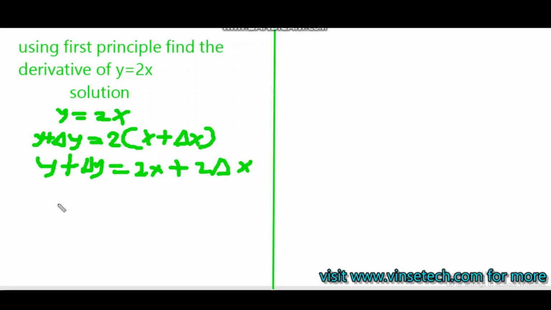So the next step now, we have to move the y to the right hand side of the equation. Moving the y to the right hand side of the equation, we now have change in y is equal to 2x plus 2 change in x.